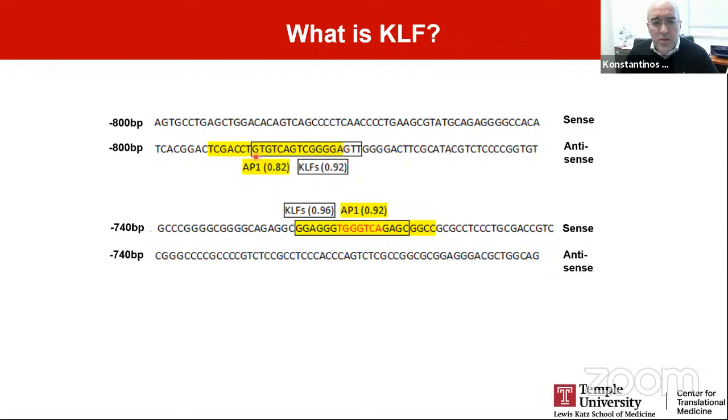And to our surprise, both sites that we detected in the minus 2 kb region of the PPAR alpha promoter were overlapping with potential binding sites for proteins called KLFs.